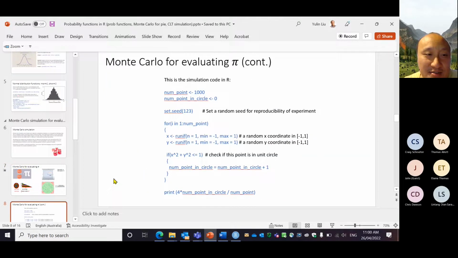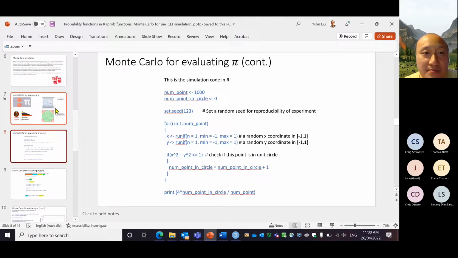All right, let's do the simulation now. First of all, I'm going to decide how many random points I'm going to simulate in this session. I call this number NUM points. Let's say I want to draw 1,000 random points.